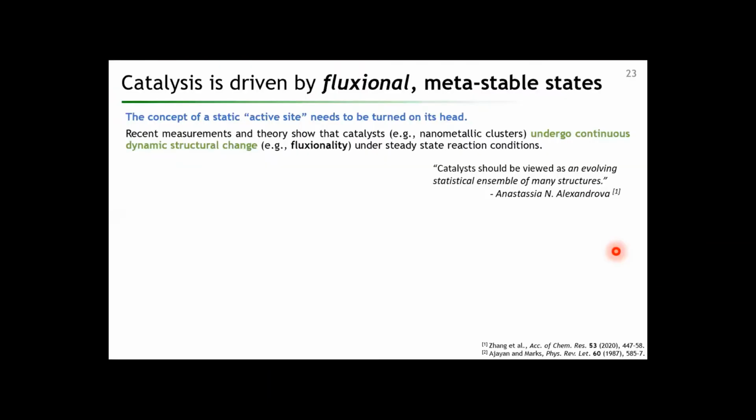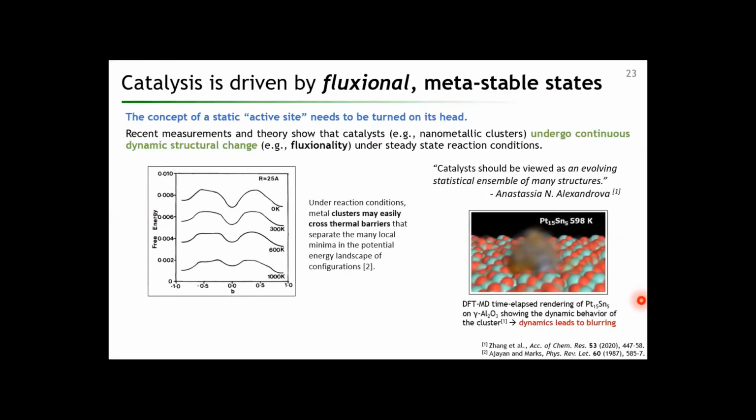So just to ground these observations in some theoretical work, I think this is important to emphasize because there's this idea of catalytically active sites being a sort of lock and key mechanism, but I think we need to rethink this.